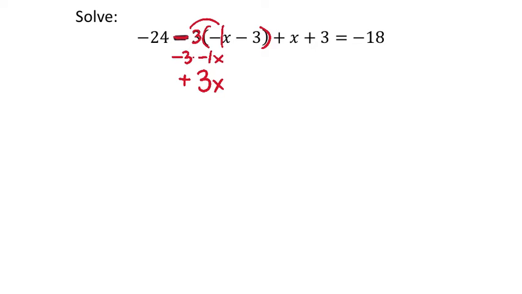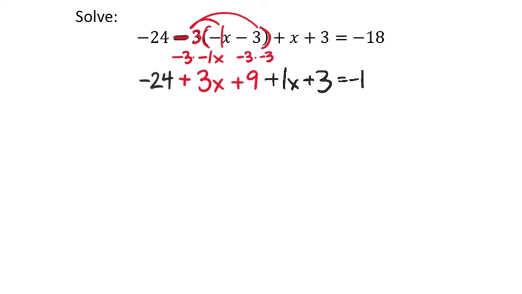And I'm showing the positive sign because of the -24 there, which will end up coming out as a plus 3x. But then with the second part of the distribution, I got -3 times -3, which comes out as positive 9. Okay, so everything else stays the same. We got the -24 plus 3x plus 9 plus, I'm going to make that plus 1x plus 3 equals -18.